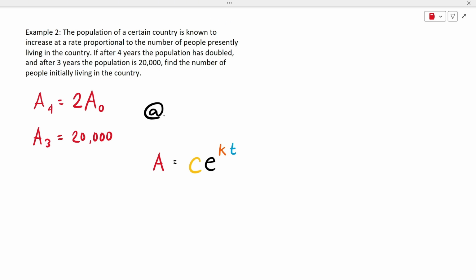At time 0, our population is equivalent to A sub 0, so let's set it like that.